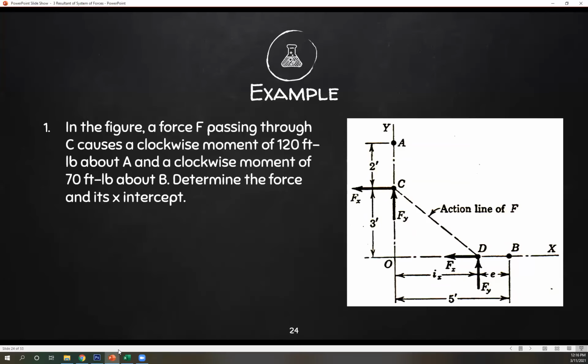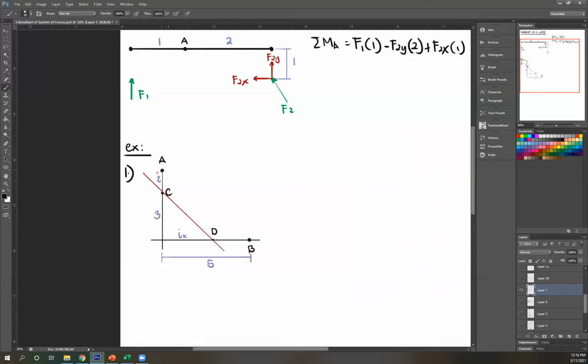Next, causes a clockwise moment of 120 about A. This is your A. So I need to position F in a way that it's going to create a clockwise moment. Okay? So this would either be this way or this way. So you have to check. If we do it this way, rotate it about A, it's going to be this. As you can see, that's counterclockwise.